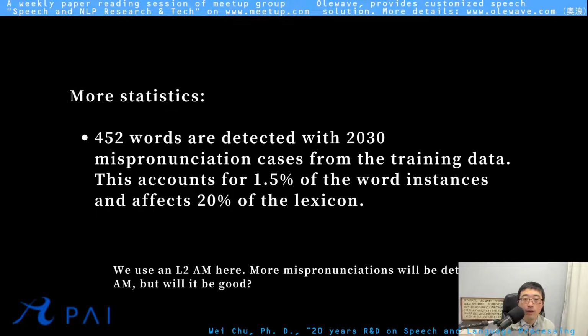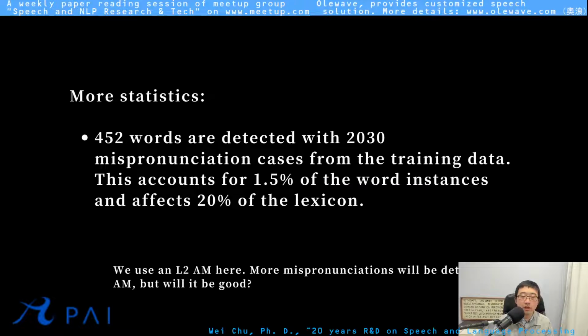It only accounts for 1.5% of the word instances, and affects about 20% of the lexicon. That makes sense, because most of the time people make common mistakes on common words, right? And it affects lots of the lexicon.